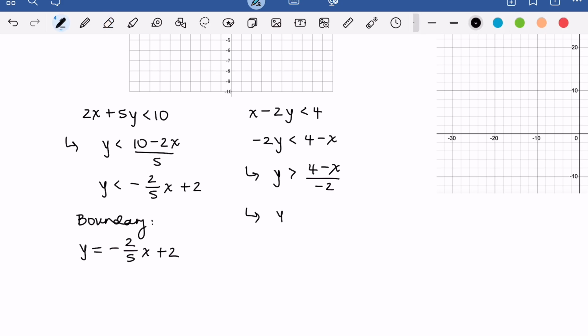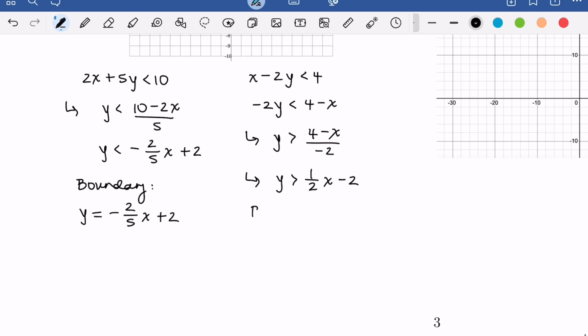So this is going to give us that y is going to be greater than, our m here is going to be 1/2 because we have minus x divided by -2. That'll give us a positive value, and then the coefficient in front of this x here is 1, so we're going to have 1/2 x. And then we're going to have 4 divided by -2, so that'll give us a -2.